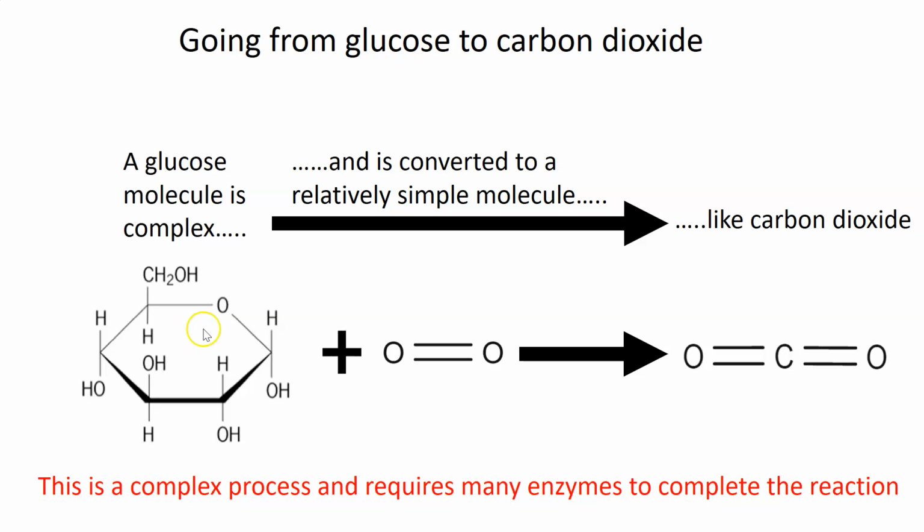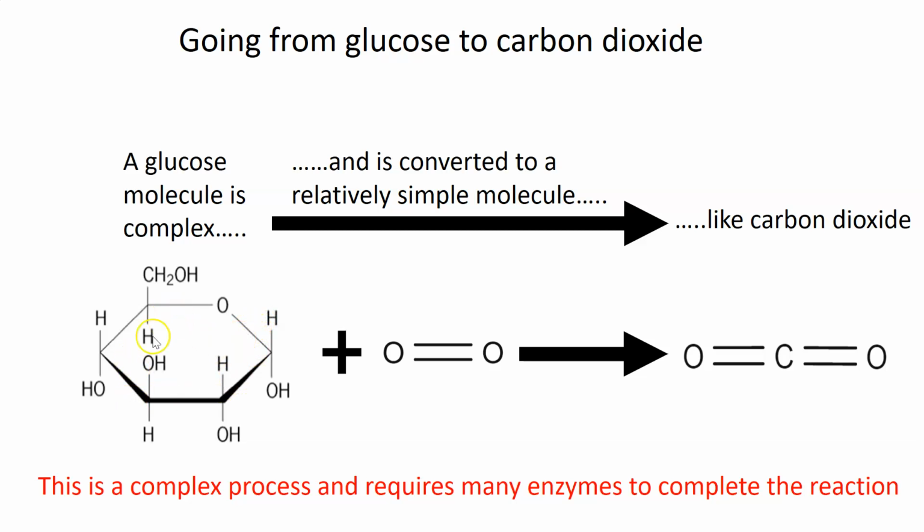Okay, we're basically removing electrons, high energy electrons, which bind carbon and hydrogen together. That's what we're doing. We're removing the high energy electrons in these carbon hydrogen bonds. Our cells do this in a very stepwise fashion, not all at once. We don't break all these carbon hydrogen bonds at once.